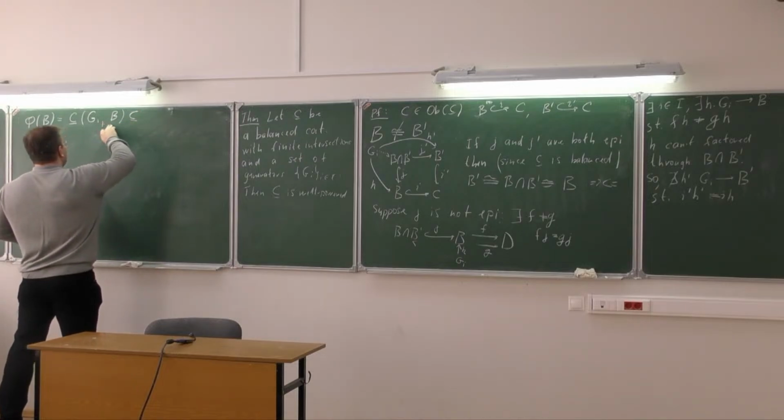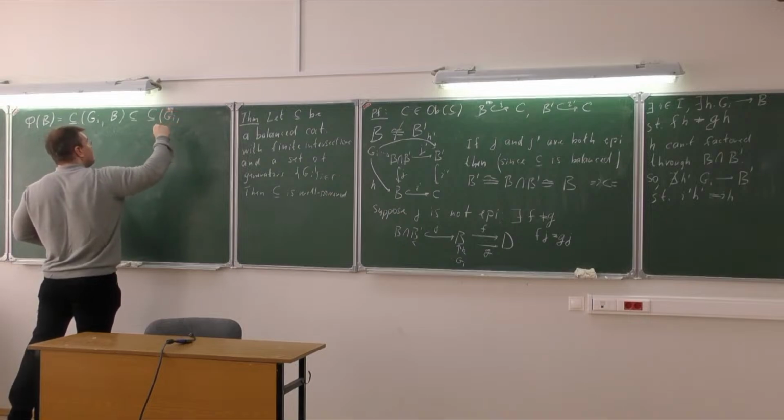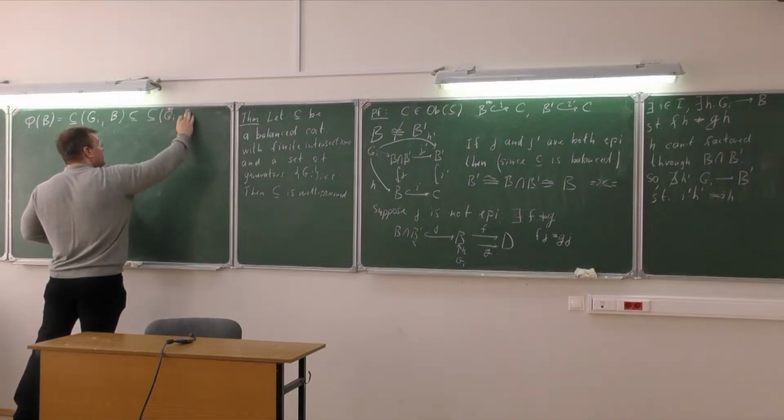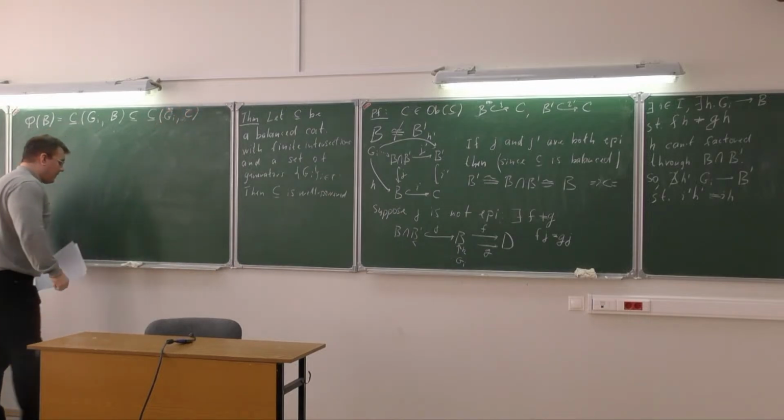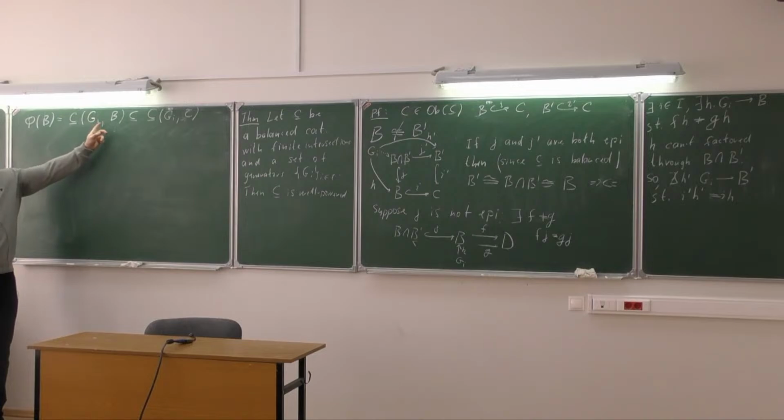We can consider this as a subset inside the set of all maps between GI and the object C, because the map from B to C is a monomorphism. So this map is just taking composition with I, the embedding of the sub-object B into the object C.